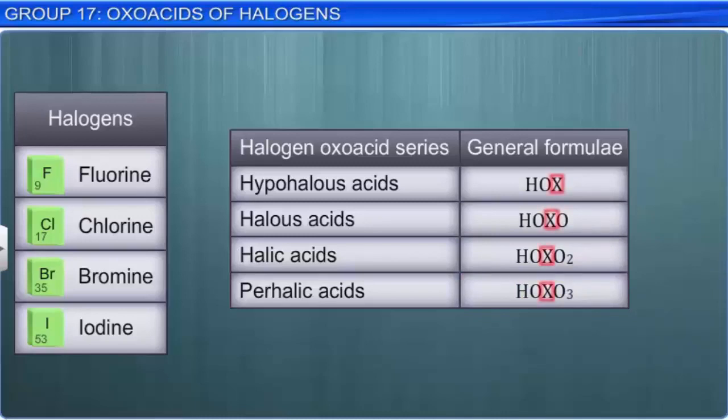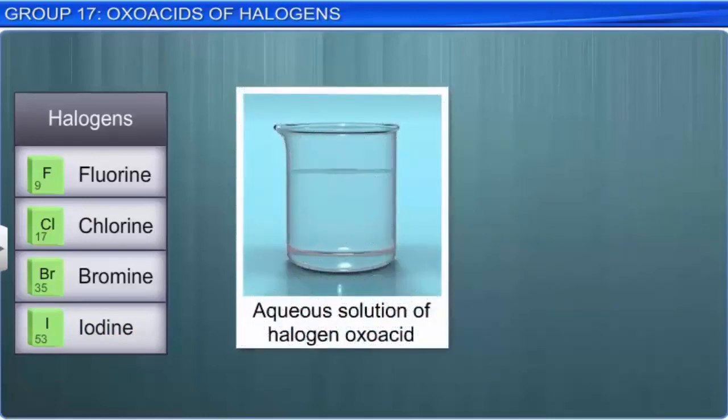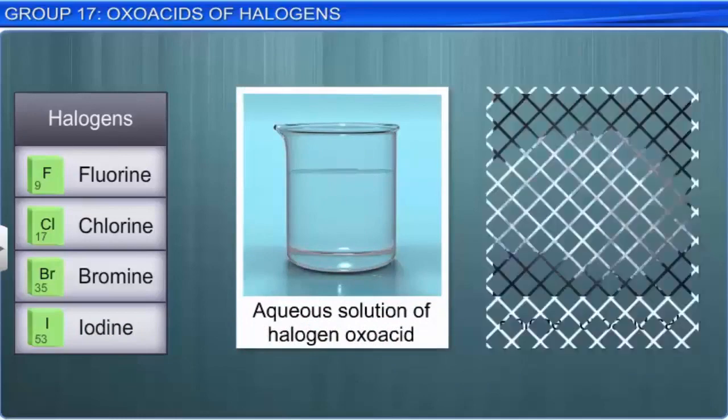X represents the halogen, which may be fluorine, chlorine, bromine, or iodine. Most oxo acids of halogens cannot be isolated in pure state. They are stable in their aqueous solutions or in the form of their salts.